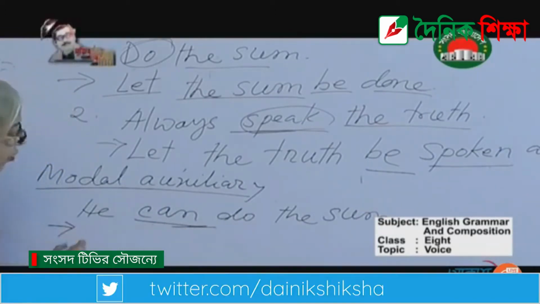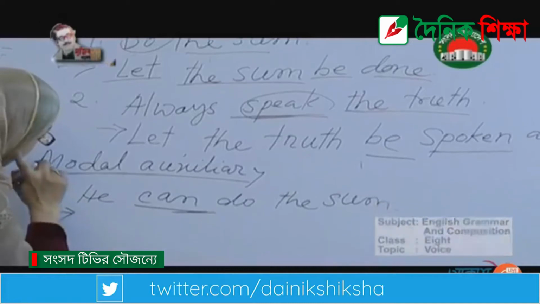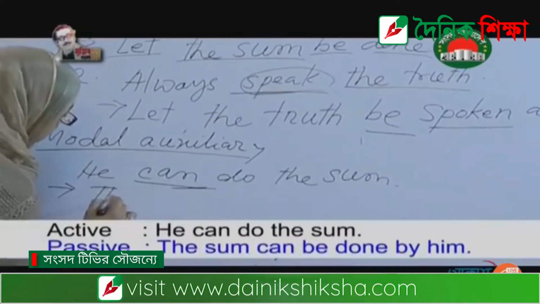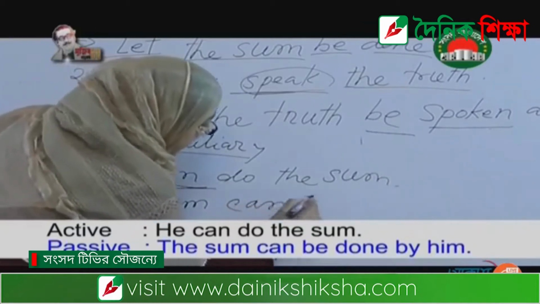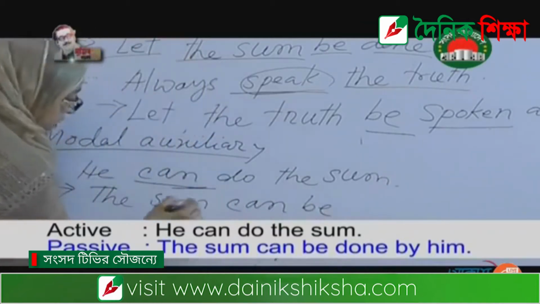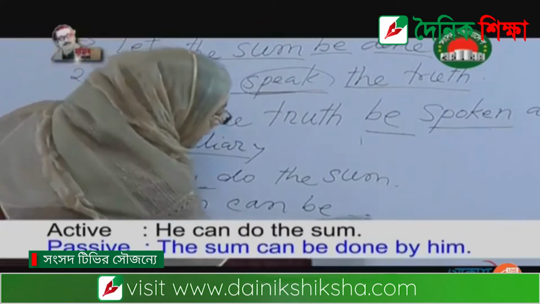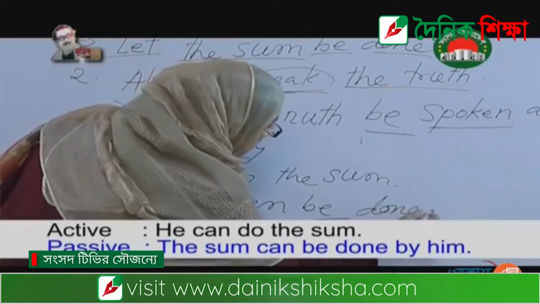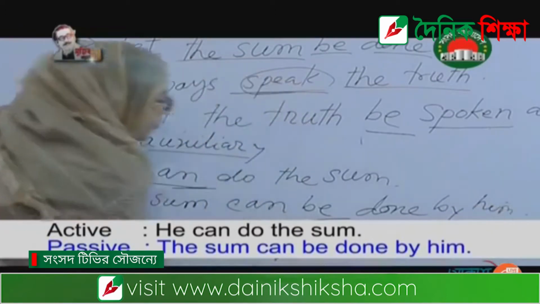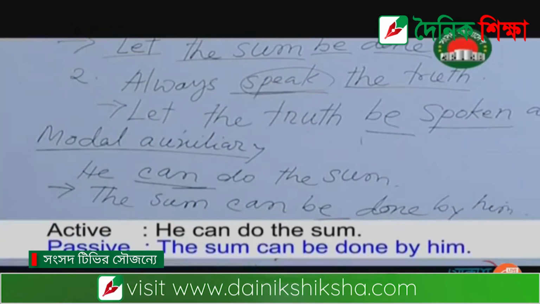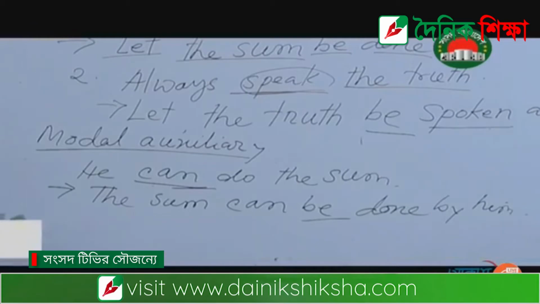When we turn it into passive, we will write the sum can be done by him. We only use be verb after the modal auxiliary.